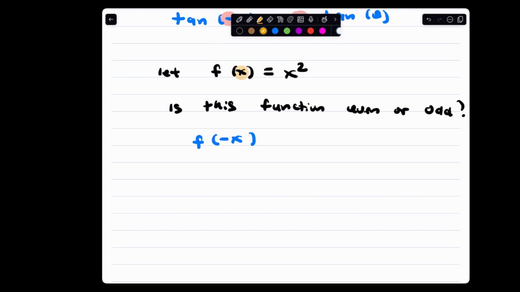See that x? That's the same x that you see on the right side. So change that x to a minus x. Can you guys see what I just did? Easy peasy lemon squeezy.